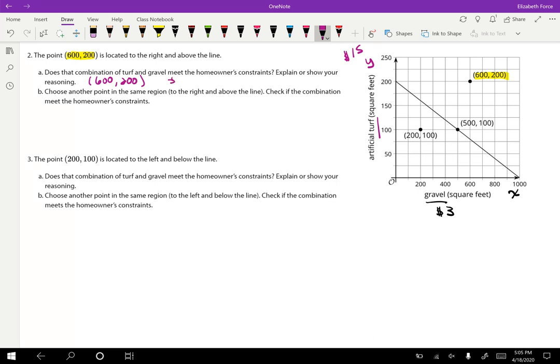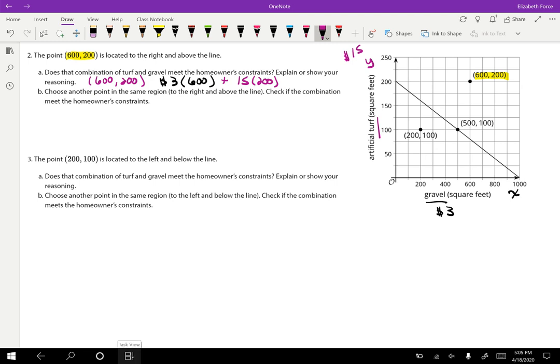So we're going to do $3 times 600. And then we're going to add that to the turf. The turf is the Y, which is 200. So that's $15 for 200 square feet of that. I'm going to bring up my calculator real quick.